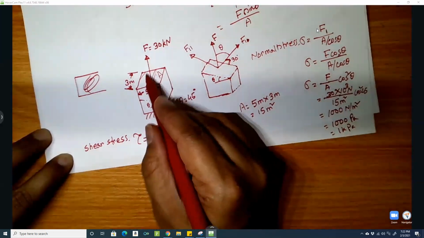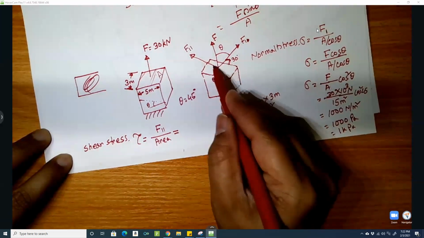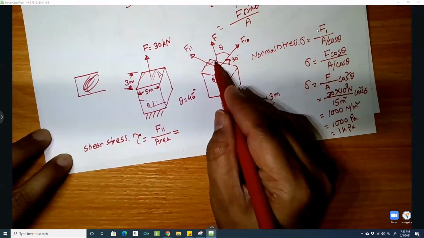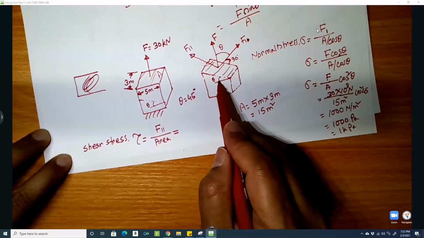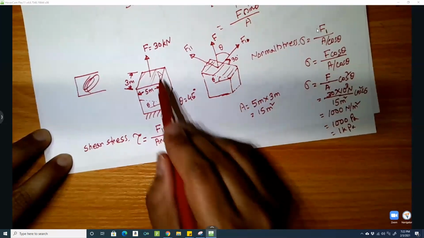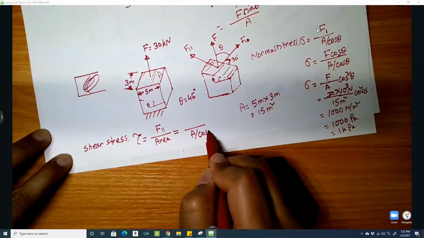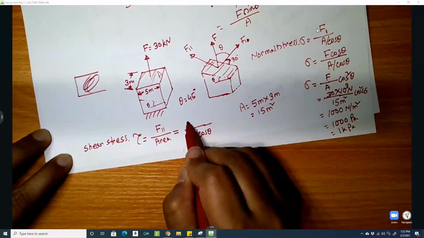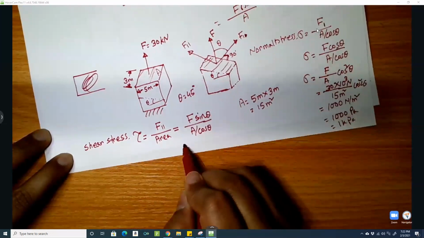Again, this area is not this flat area. This area is this inclined area. Since it has an angle theta, it's going to be A by cosine theta, and F2 is equal to F sine theta.